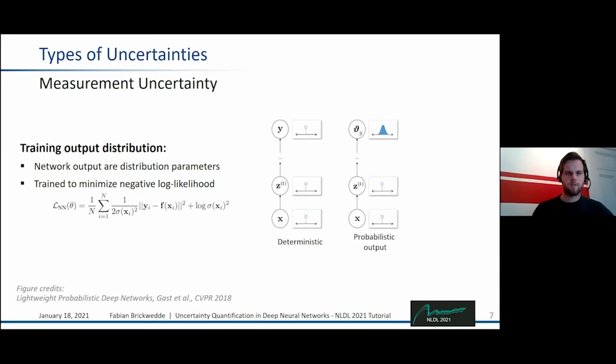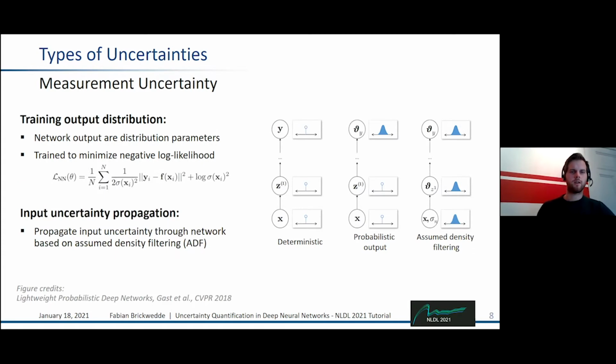Okay, so this is the first approach to estimate the measurement uncertainty. And I also want to highlight a second kind of approach. And the second approach is to quantify the measurement uncertainty by making the input noise more explicit. So if you look at the right figure, you see that it is assumed that the input has a certain uncertainty, which is defined by some input variance.